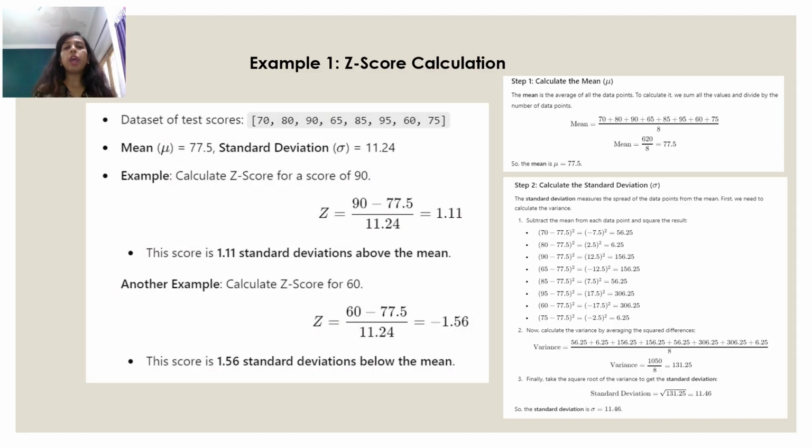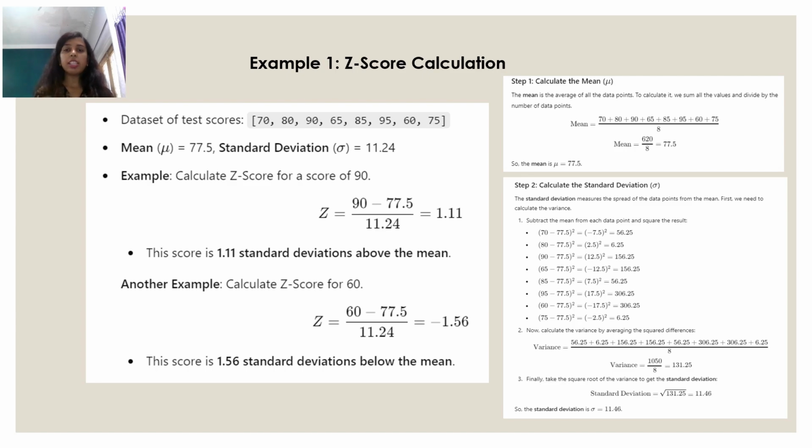Let us see how to calculate the z-score for a dataset of test scores using the formula we just discussed. First, we will calculate the mean for the dataset of test scores. The mean is the average of all the data points. To calculate it, we sum all the values and divide by the number of data points.